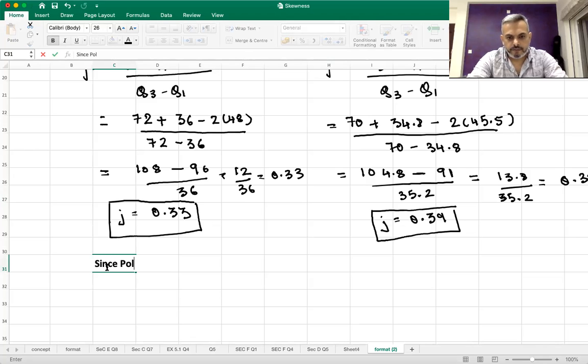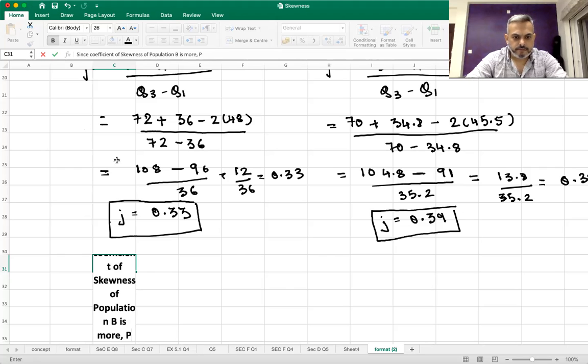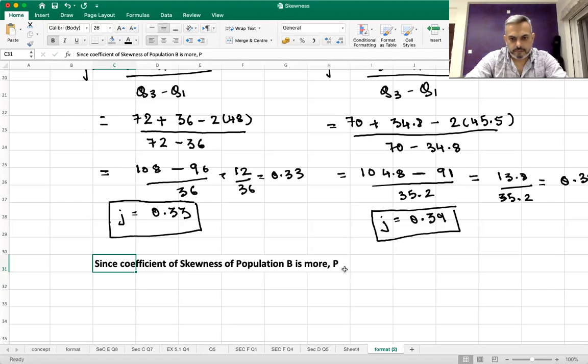Since the coefficient of skewness of population B is more, population B is more skewed.